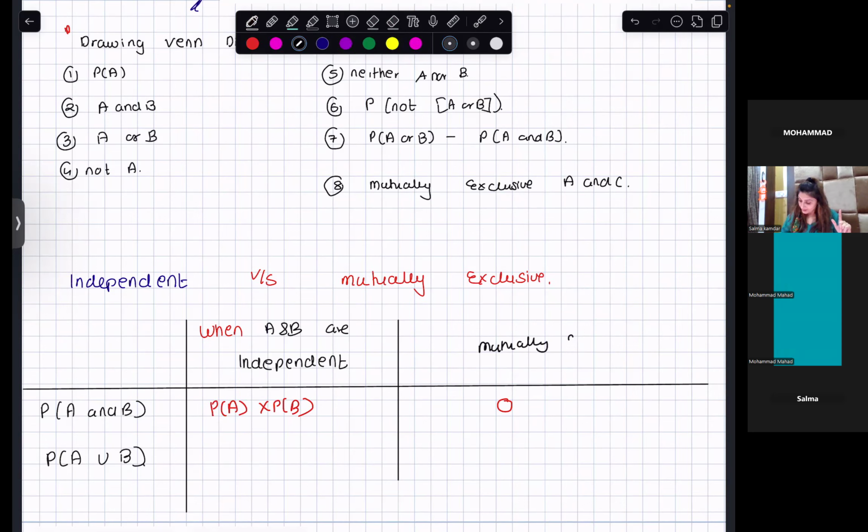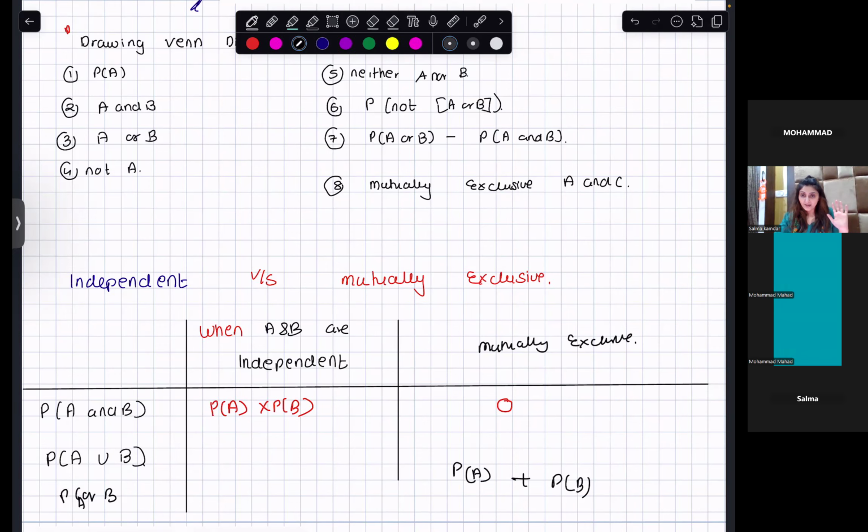Zero. And what about probability of A or B? So when the events are mutually exclusive, either A can happen or B can happen. Or means plus and means multiply.